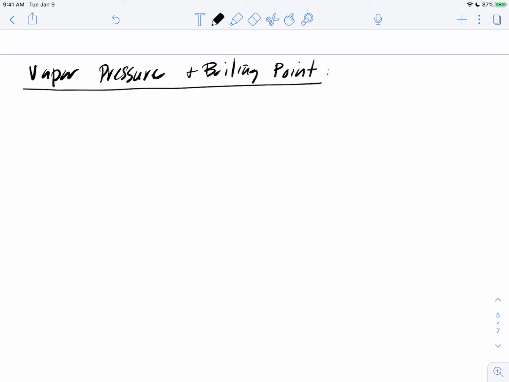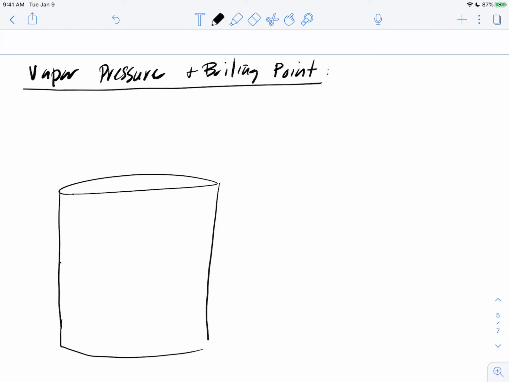So if we look at a container that has a liquid and it has a lid, so we have a liquid surface. This is a closed lid, so it's a closed container, and we have liquid molecules here.